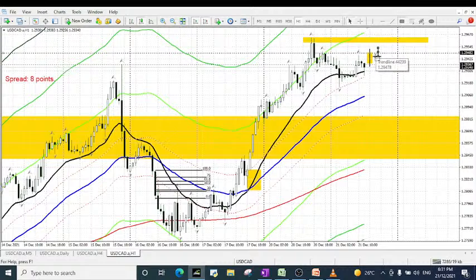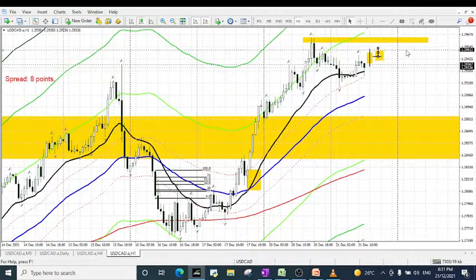So if we get something like this, we are hoping for the candle to open here, pull back. On that pullback, we enter the trade and ride it to somewhere here. That's the scenario we are hoping to see unfold in USDCAD.